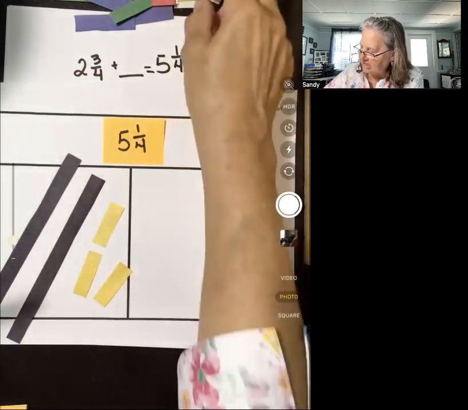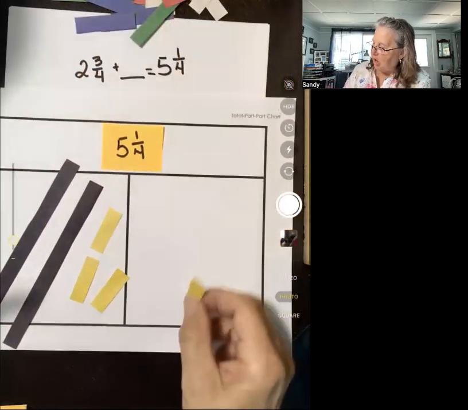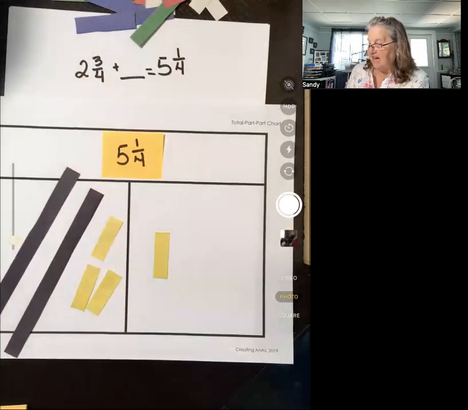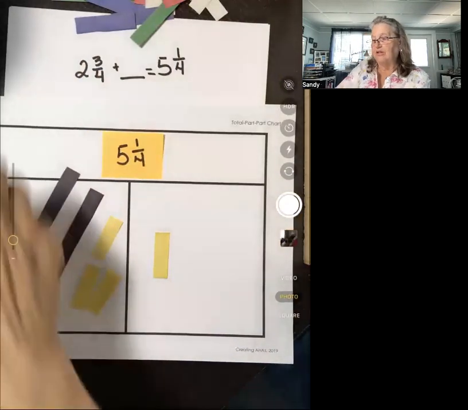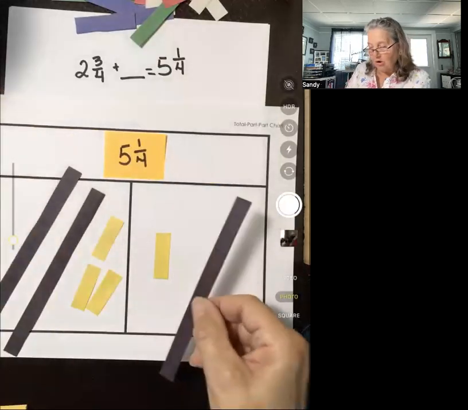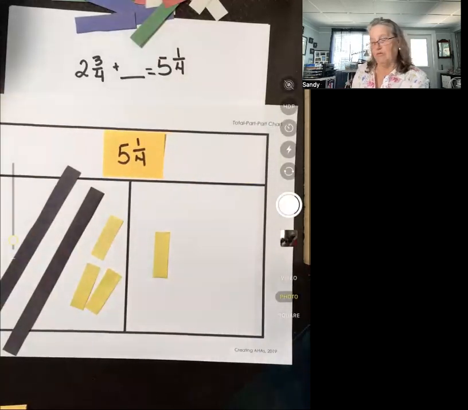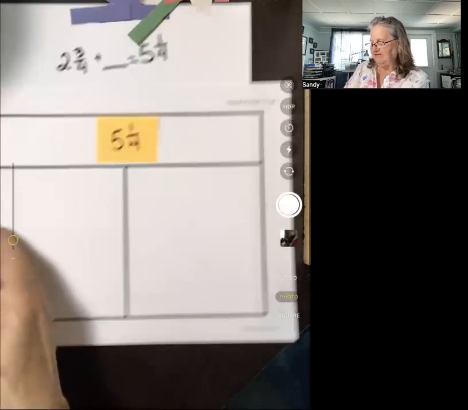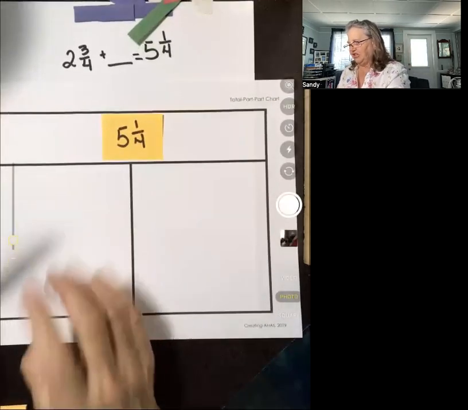Now see, what can I do? If I add in a 1/4 piece here, I'm now at 3 wholes. I can add in 4 wholes, 5 wholes, and then a 1/4 piece. Let me show you those. Since these are running off, let me just show you with pictures.